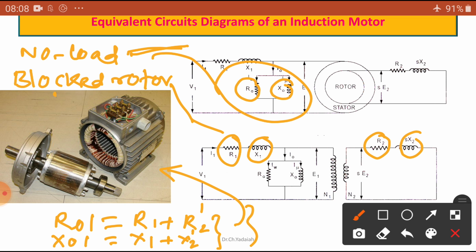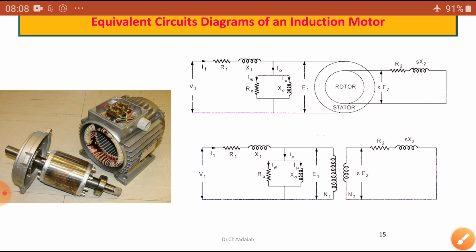Okay. I think you have some idea on no load test and blocked rotor test. What is the purpose? The no load test gives the no load losses, friction and windage losses, core losses, copper losses of stator, and no load power factor, and R0 and X0.